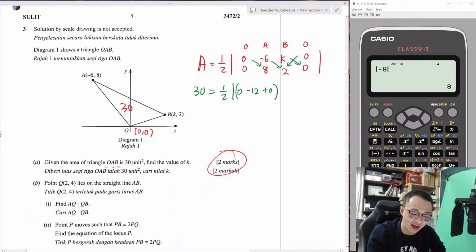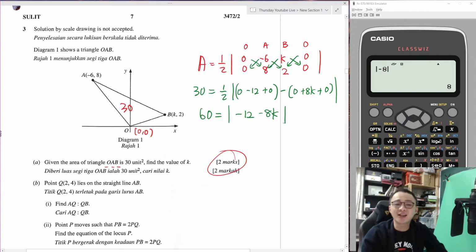Then we change the direction and multiply like this, and I add a minus in the middle. Then -6 times 0 is 0, K times 8 is plus 8K, plus 0 times 2 is 0. So, when I move the half to the other side, I will get 60. Inside the modulus here, I will get -12 minus 8K.